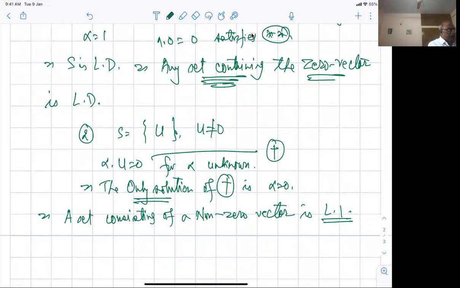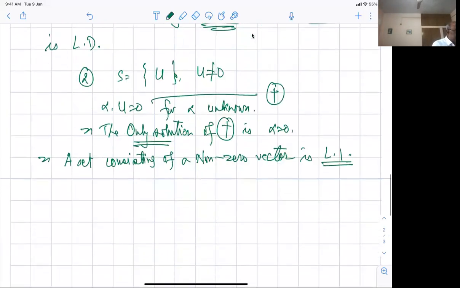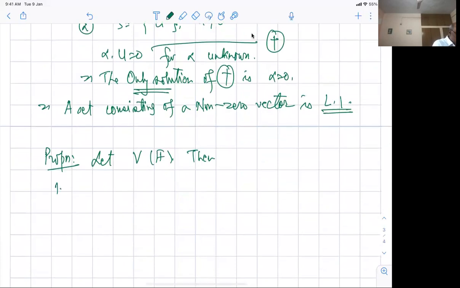Is that okay? So we would like to proceed on this and understand things. Let me write this proposition for clarity. Proposition. Let V be a vector space over F. Then 1, every subset of a linearly independent set is linearly independent.